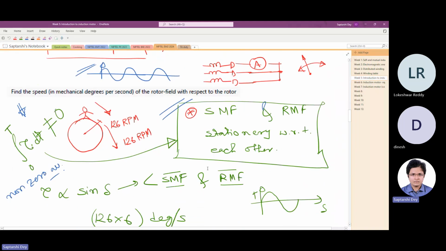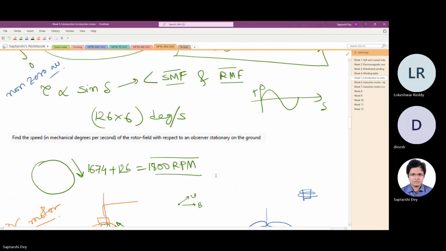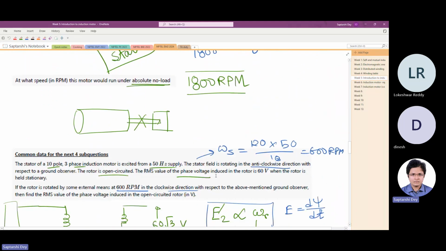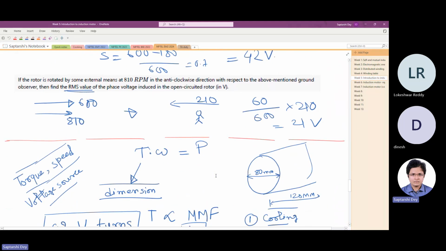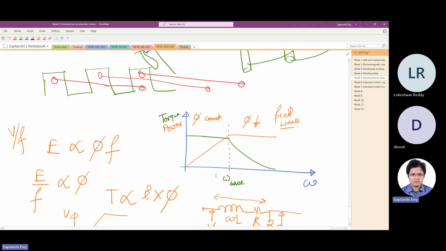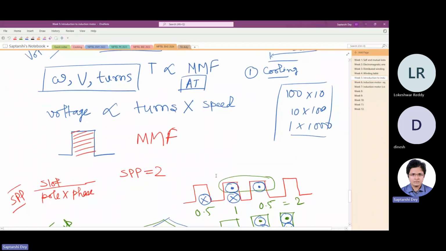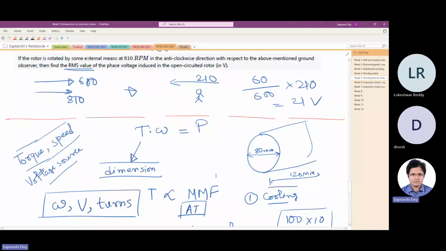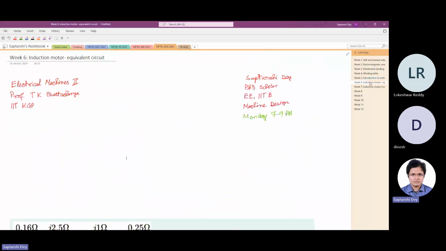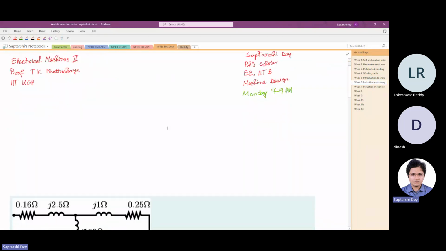So synchronous speed, relative speed between stator and rotor magnetic fields, slip and all we have discussed, and effect of the speed on the rotor induced voltage. That is nothing but Faraday's law we discussed last day. Today we will delve into induction machine in detail, means just solving the problems.